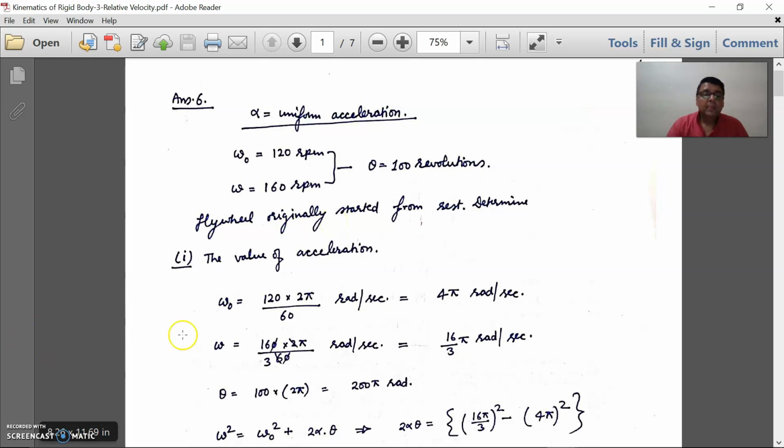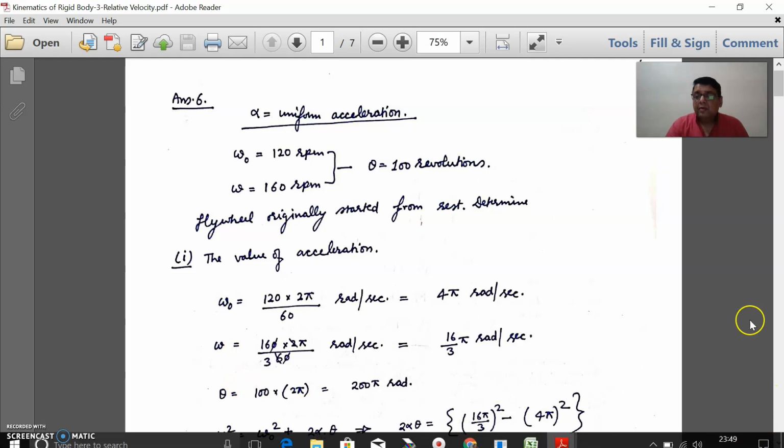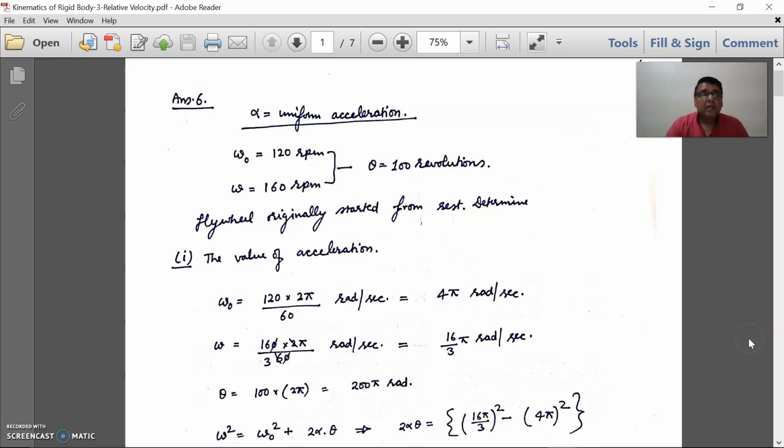It's okay. So for the value of acceleration, we will apply the equation v square is equal to u square plus twice a s. Analogous to this, we will apply omega square is equal to omega naught square plus twice alpha theta.